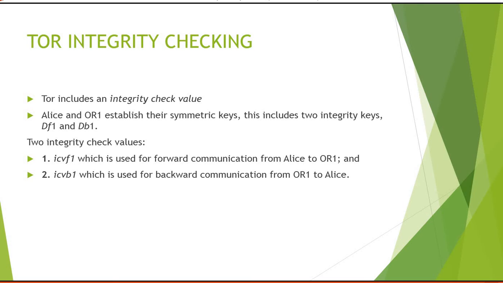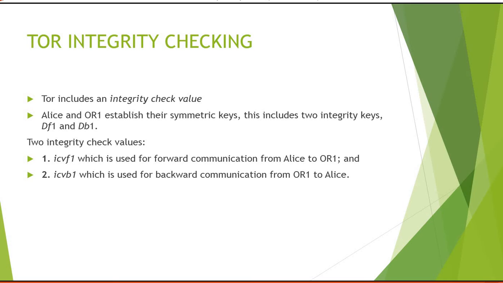So here the Tor network will make use of integrity checking also. Alice and onion router 1 will share a single symmetric key, as I mentioned already, and there are two integrity keys. When Alice is transferring to onion router 1, it will use the integrity key DF1.